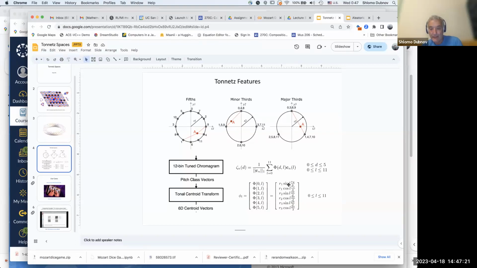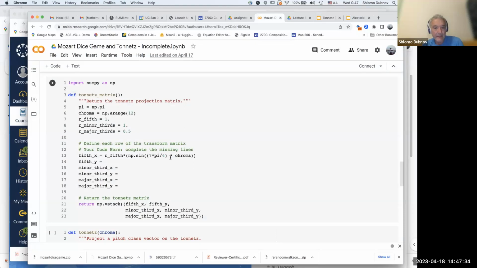So l is multiplying, right? I'm a little confused why this is 7 pi divided by 6, right? That's the number here. So the chroma itself is a number from 0 to 11. So it'll be sine of 7 pi divided by 6 times 0, then 1 times, 2 times, 3 times, all the way to 11 times.